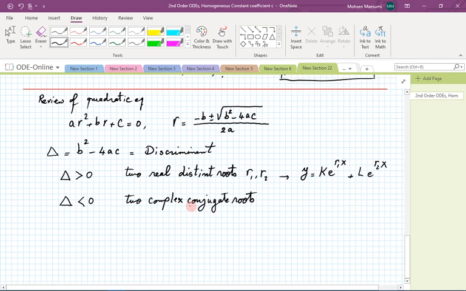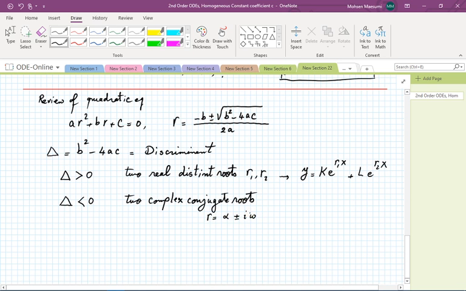So suppose these complex conjugate roots, one is obtained by addition, another one by subtraction. We write it as, say, alpha plus or minus i omega. So a complex number has two components to it. It's called the real component and the imaginary component, and that's how they look.